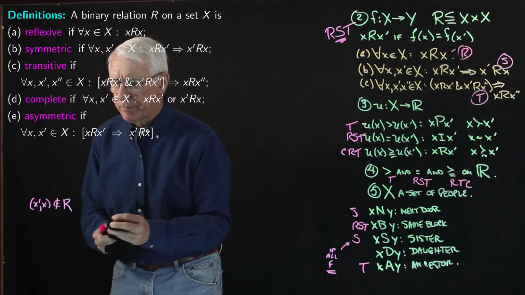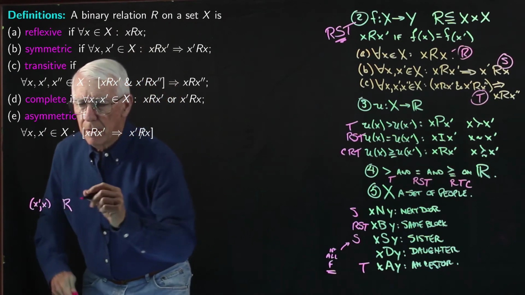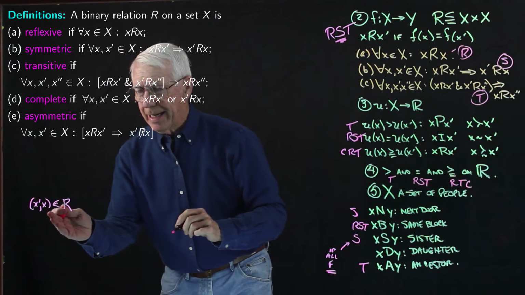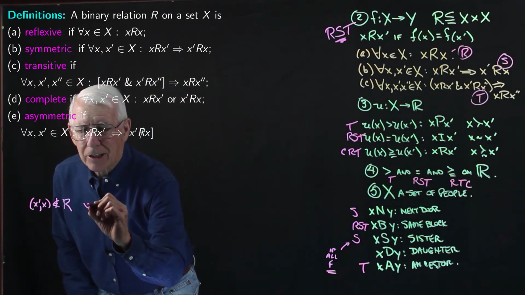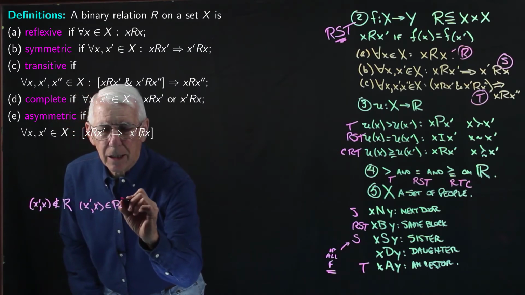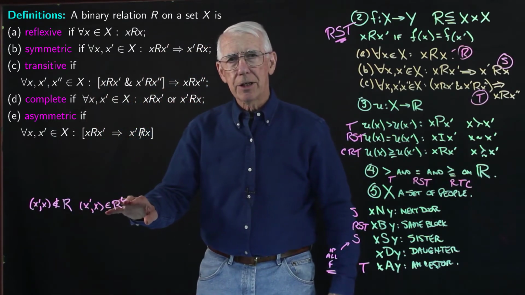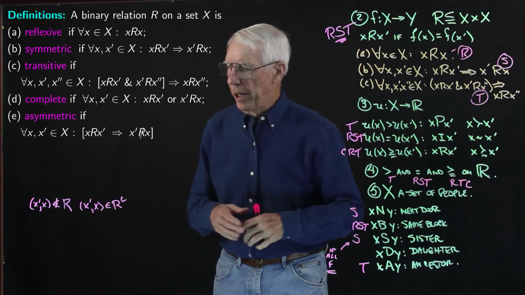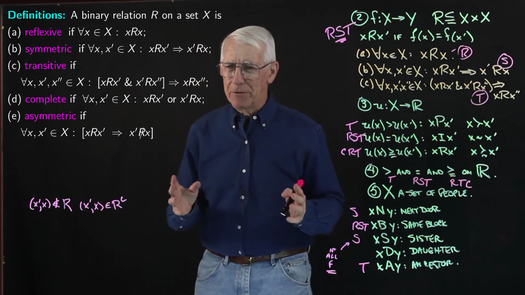Let's say this is x prime x in R, but to say that x prime x is not in R is to say that x prime x is in the complement of R. And I like to use R super C as a notation for the complement. This is one concept, the complement of a set, where lots of different people use different notations.